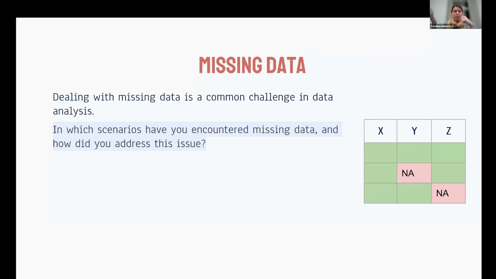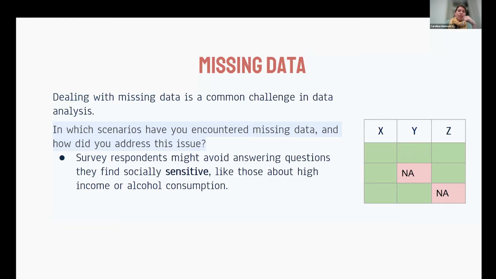So it's not that a variable is completely missing or persons are completely missing, but the case where some people, for example, didn't like to answer certain survey questions because they found them sensitive.